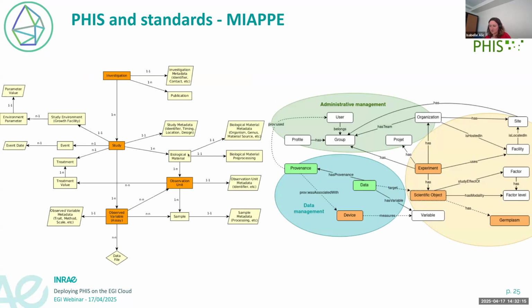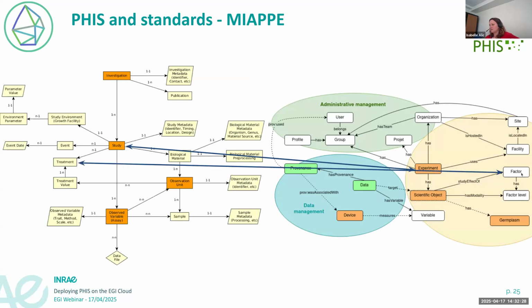On the left part, you have the MIAPPE model, and you can see that it's not the same names, but we find the study as the experiment in PHIS. We find the treatments, which will be a factor in PHIS. The treatment value is the factor level. Then you have the observation unit, which will be the scientific object, and the variable, which is the observed variable. So we have a compatible representation, which means that if you have an experiment described using the MIAPPE standard, it will be very easy to import it into PHIS.